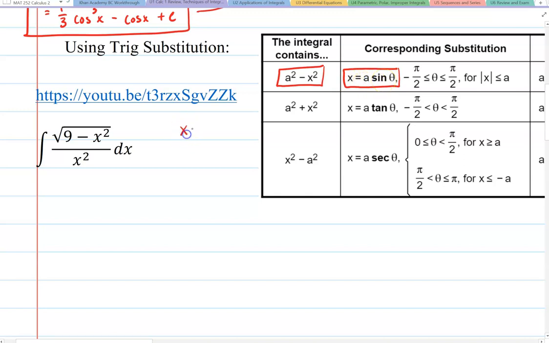And much like our u substitutions, I'm just going to write this down off to the side. x is equal to, in this case, 3 sine theta. And while I'm at it, I'm going to compute the dx, just like we would have done if we had u and du. So the derivative of 3 sine theta is going to be 3 cosine theta d theta.